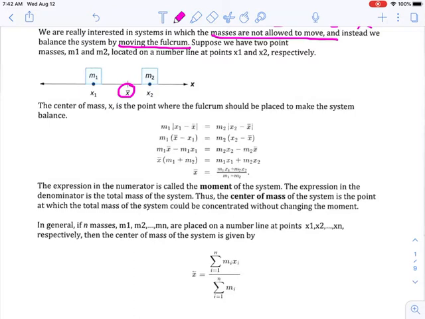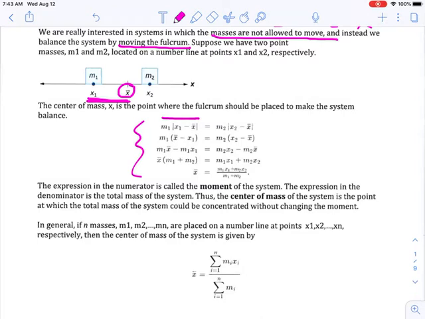And to do that, we can do this little algebraic thing here, and that's pretty simple to understand. Over here on the left-hand side, we basically have m1 times d1, where distance 1 is the difference between x1 and x bar. So we're just taking the difference between these two, and it's the absolute value, so we want a positive number.